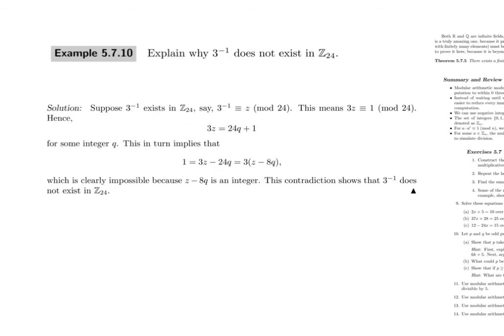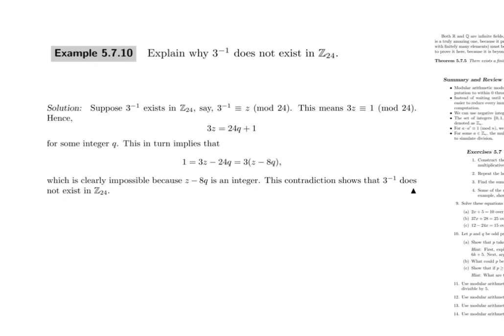So 3 inverse would be congruent to Z mod 24. Z is that number that when we multiply it by 3, we get 1 in the mod 24 world. What does that mean? It means 3 times Z is congruent to 1 mod 24. So we have 3Z is equal to 24Q plus 1.